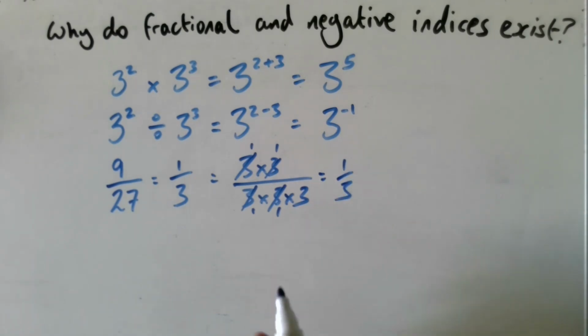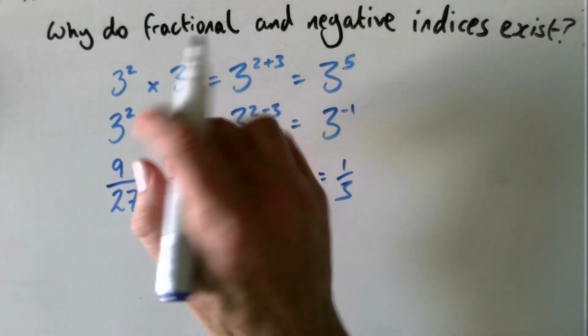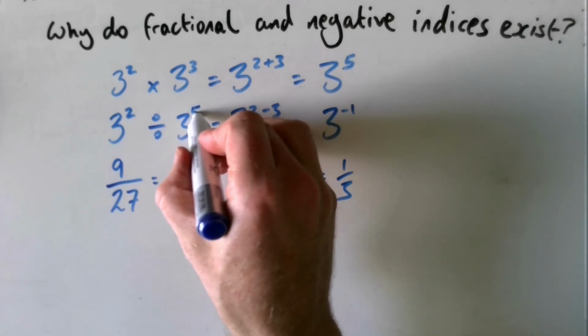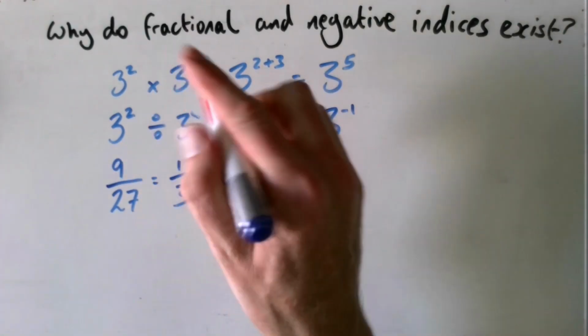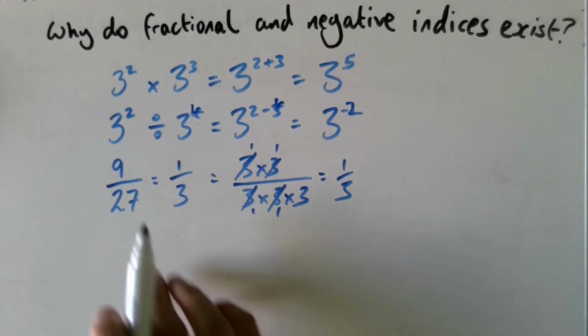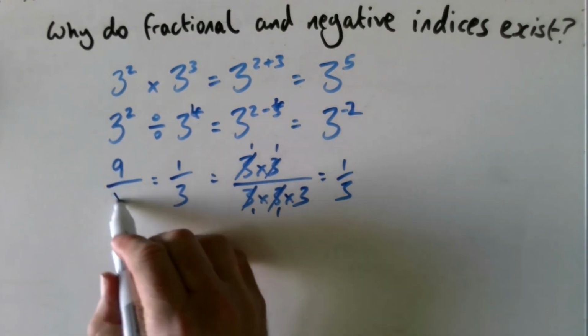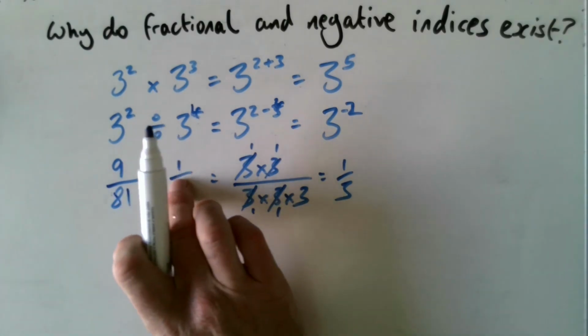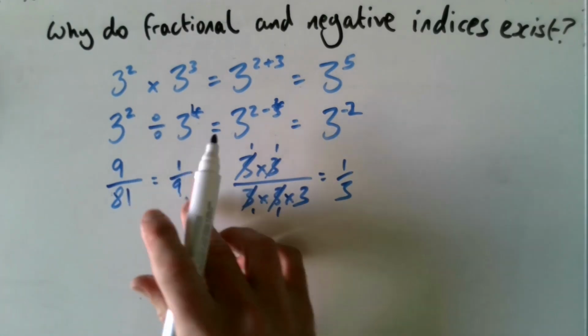Now, if I had had 3 to the power of 4, say, that would have given me 2 take 4 is negative 2. That would have given me 81 under there, wouldn't it? And if I did that, that would actually be 1/9.